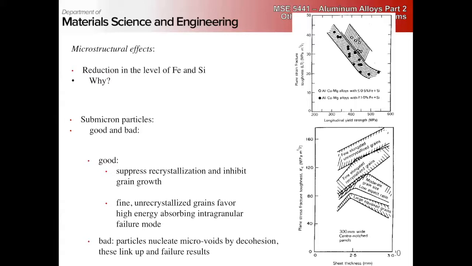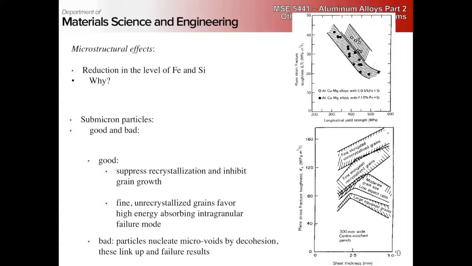But there's always a trade-off, right? You're trading off higher strength and better fracture toughness for, I'd say, you're forcing a ductile failure, which for the most part is always good, right?